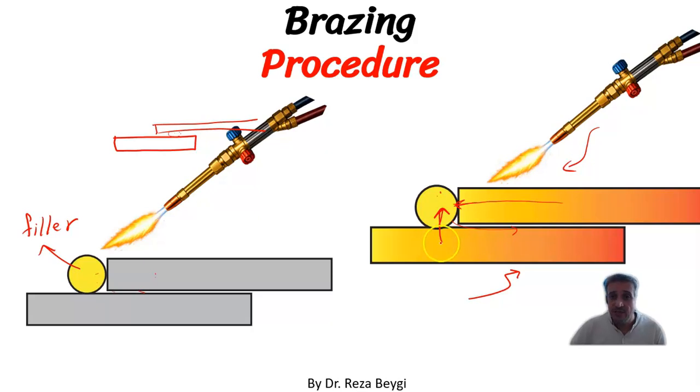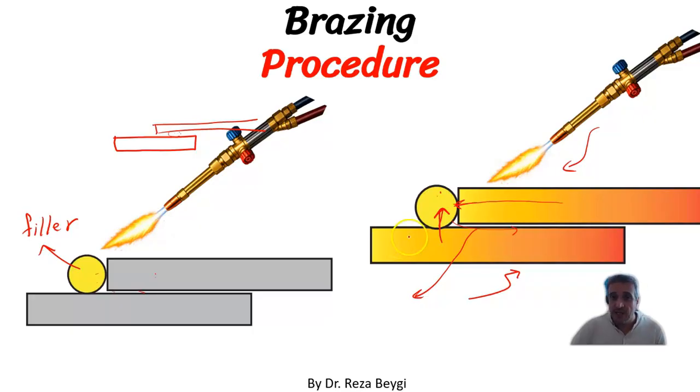The other important thing in this process is surface preparation. In the brazing technique, it is very important to have some surface preparation. I may discuss the surface preparation and the selection of filler material in future videos, but here I only speak about the fundamentals of this process.